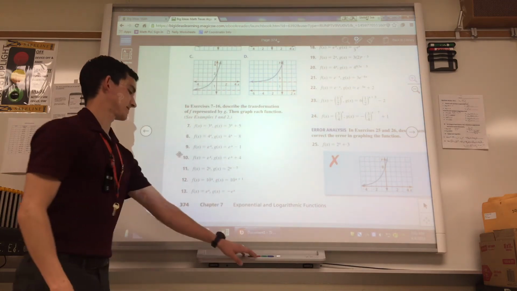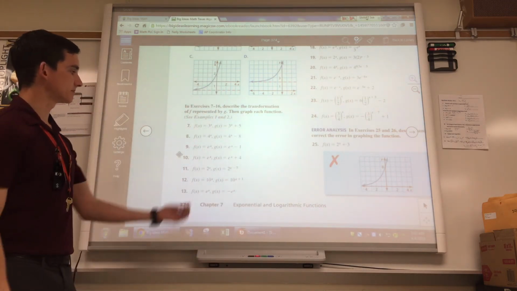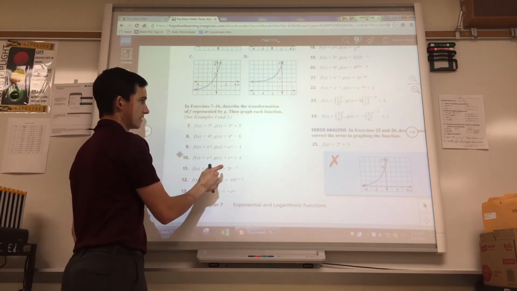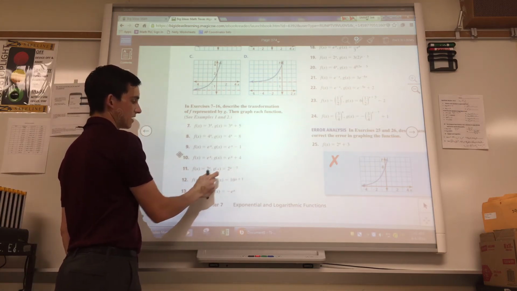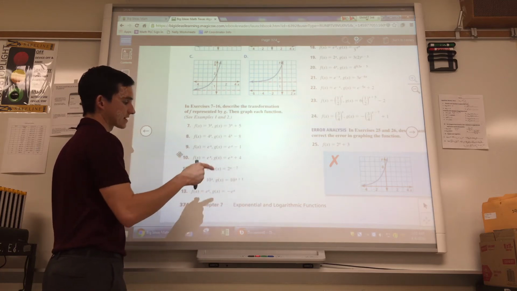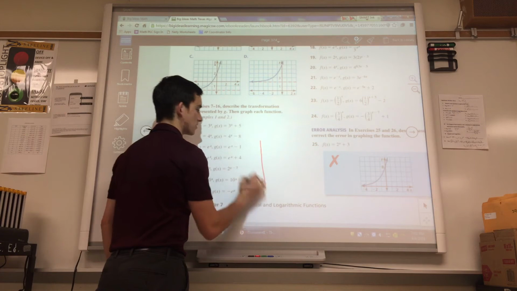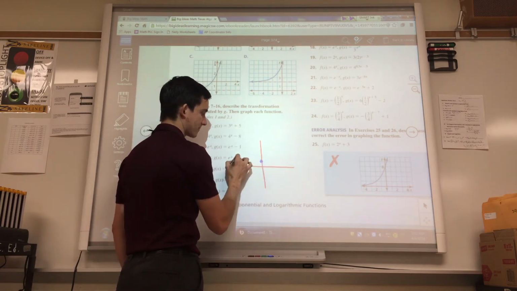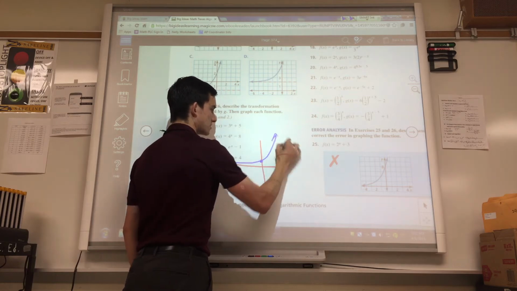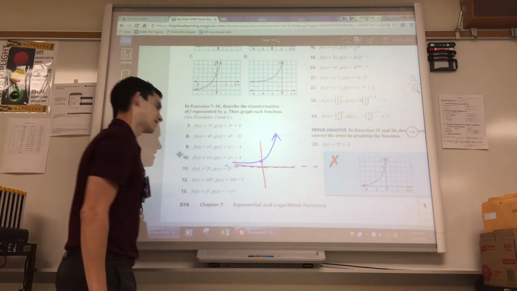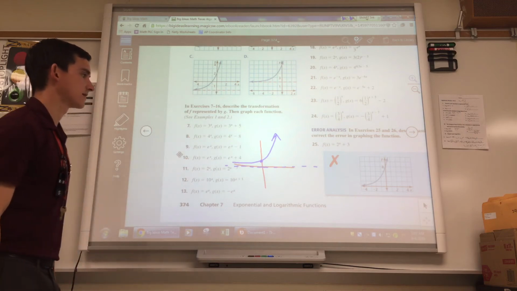Okay, let's see. Number 11, it says 2 to the x, and then the transformation of f of x to g of x is just right 7. So it's 2 to the x minus 7. So if 2 to the x originally went through the point 0, 1, like that, I had an asymptote right here at y equals 0.